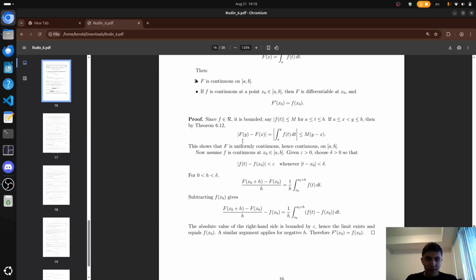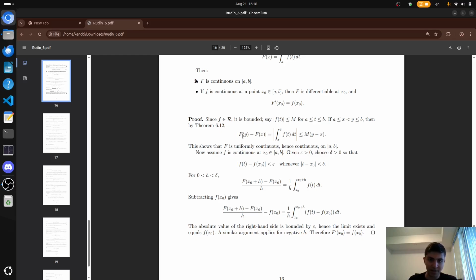Since f is in R, it is bounded. Say the absolute value of f(t) is less than or equal to M for a ≤ t ≤ b. If a ≤ x < y ≤ b, then by theorem 6.12, the absolute value of F(y) minus F(x) is equal to the integral from x to y of f(t) dt.